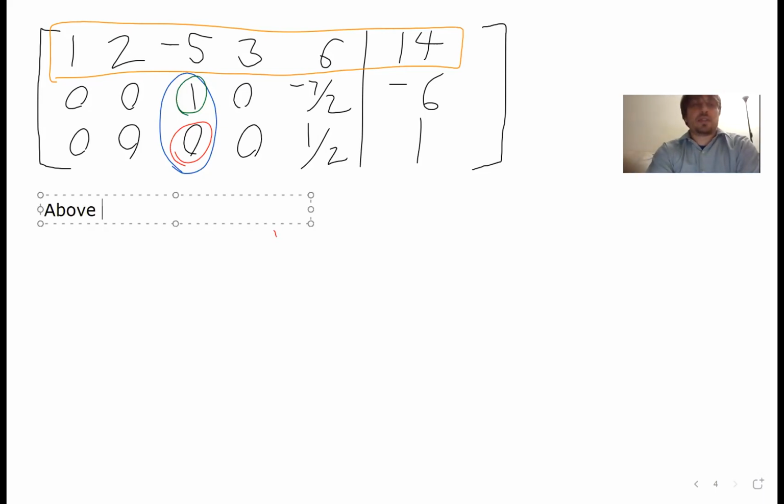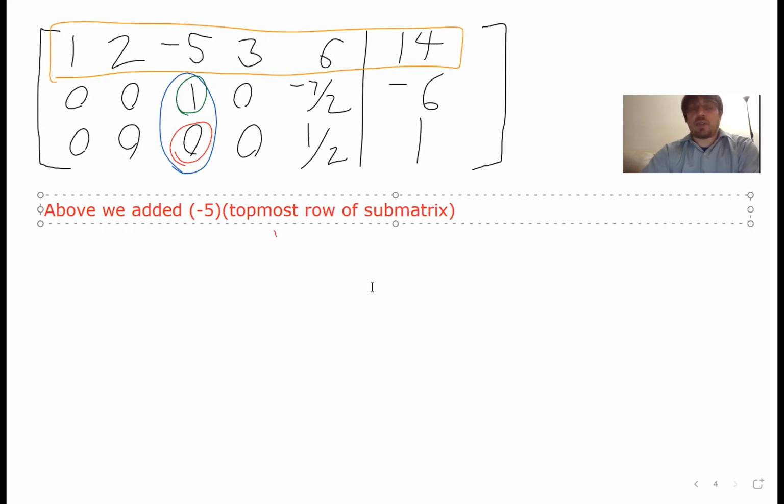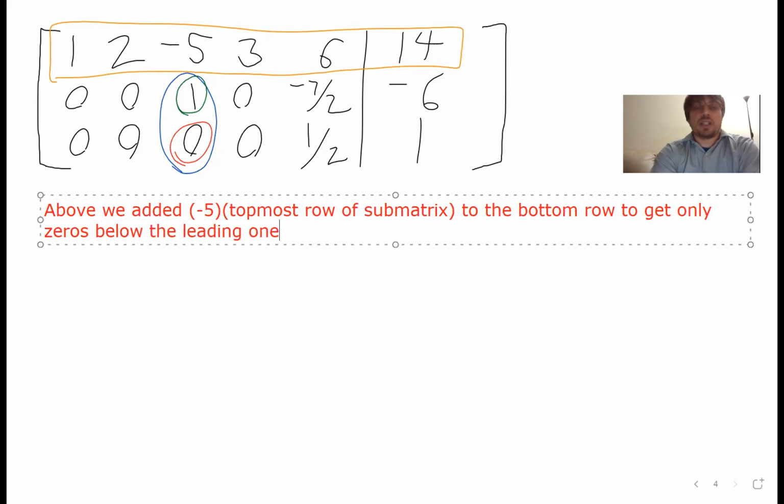Above we added negative 5 times the topmost row of the submatrix to the bottom row to get only zeros below the leading 1 in the column from step 1.